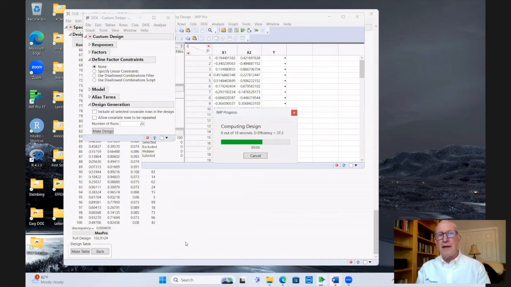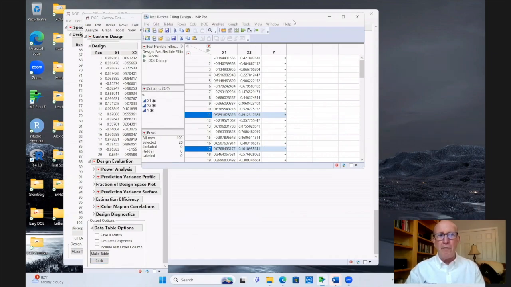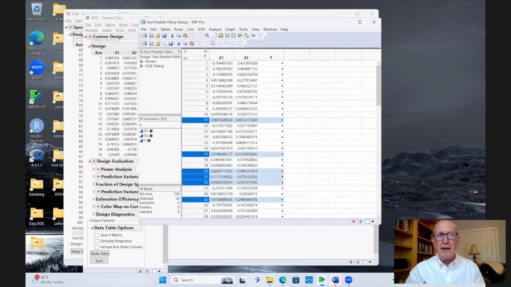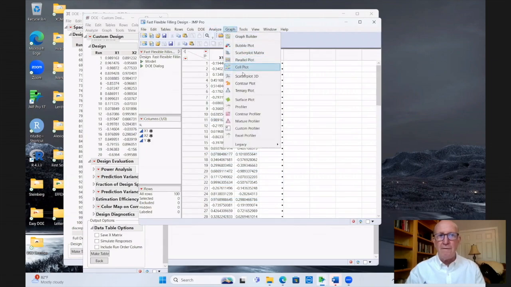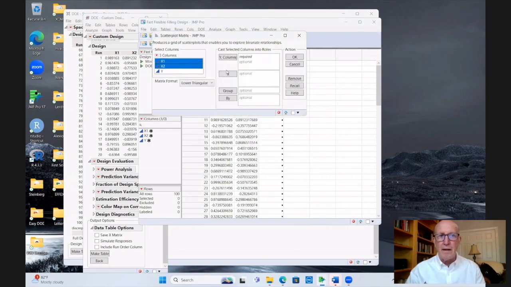And normally in a problem like this, if you just use the custom designer, you would get D-efficiencies in the 40% range. Here, we've gotten D-efficiencies in the almost 40%, but here, if I look at a graph of that, that's not what I wanted to do.